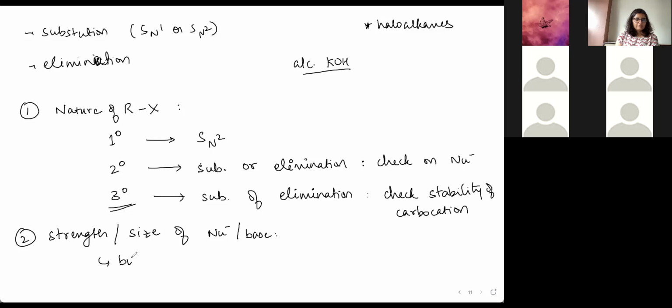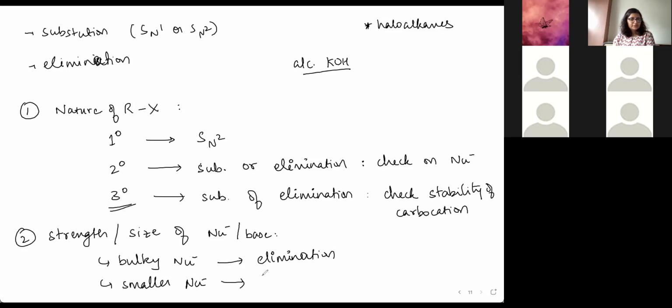If you have a bulky nucleophile, then you end up with an elimination reaction. If we have a smaller nucleophile, CN minus, OH minus, just 1 or 2 atoms long, then you get substitution.